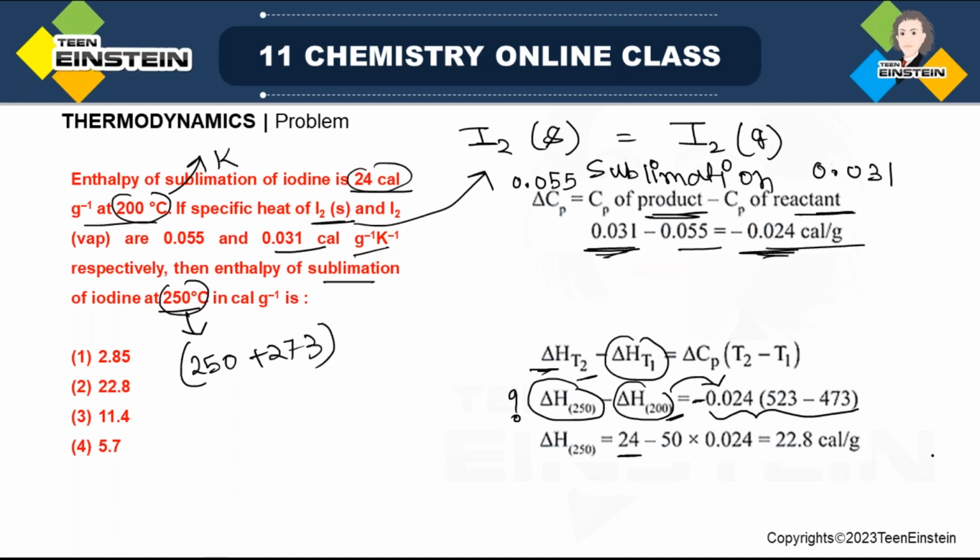Similarly, T1 converted to Kelvin will be this. So in the final calculation, we are getting 22.8 calorie per gram. Everything, the Cp value and del H, is given in calorie, so you don't have to change any unit. We have not done any unit conversion. So the correct answer is option 2. So we will end here. Thank you for listening.